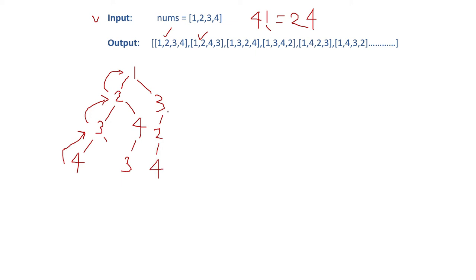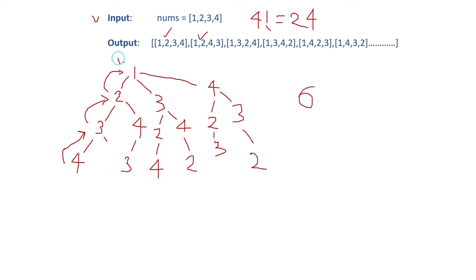And if we backtrack from this position, I had a choice to use 4 here and then 2. In a similar way, from here 2, 3, then we can use 4, or we can use 4 and then 3. Or if we backtrack from here, we can start with 4 and then use 2, 3. So in total, 1, 2, 3, 4, 5, 6. So 6 combinations we got if we fix the position as 1 at the start.